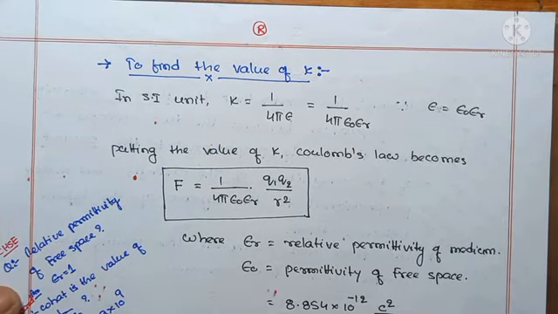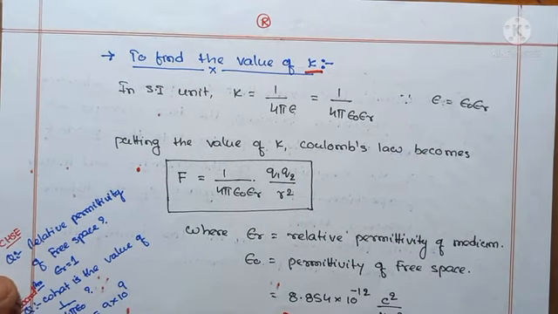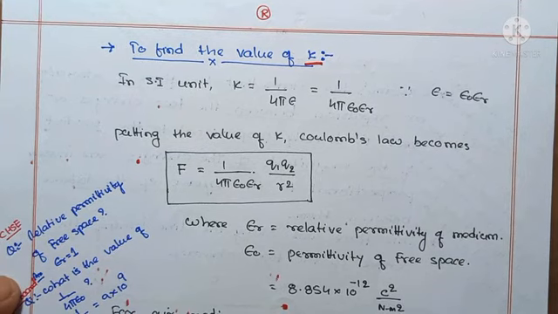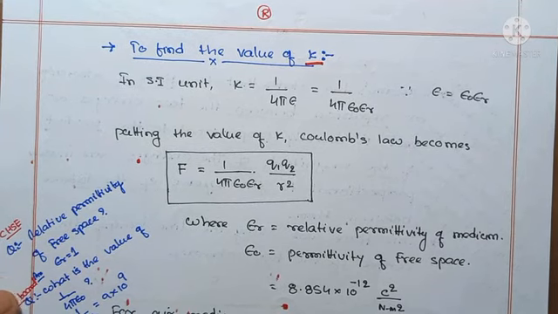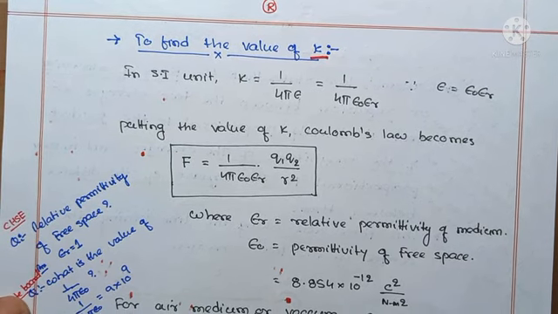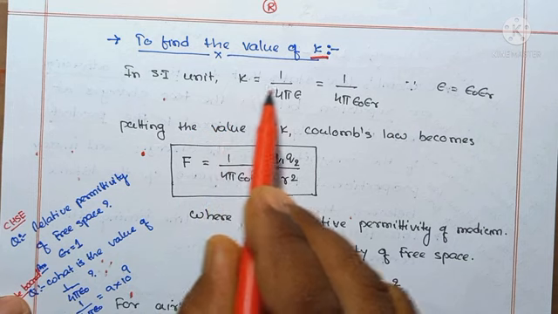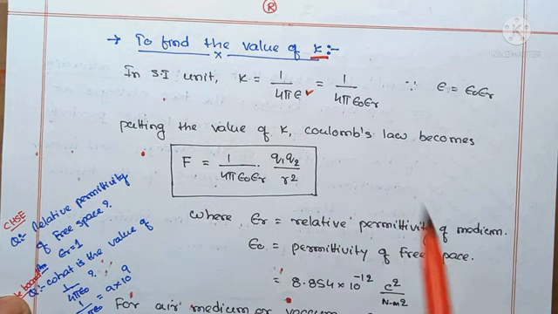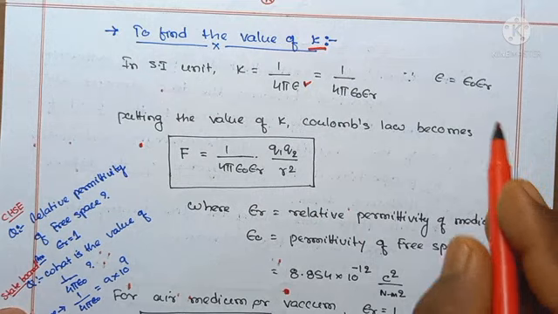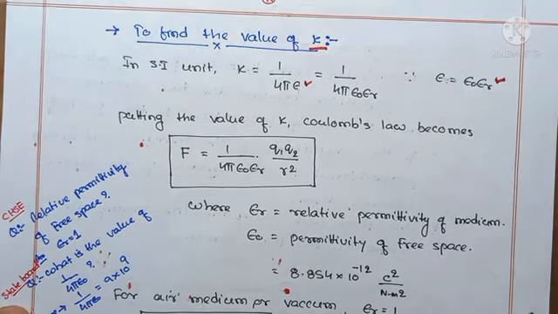Now to find the value of K, this K is called the Coulomb constant. The SI system of units is called the universal system because it is used throughout the world. So in the SI system, this value of K is taken as 1 by 4 pi epsilon. We know that epsilon is equal to epsilon 0 into epsilon r.